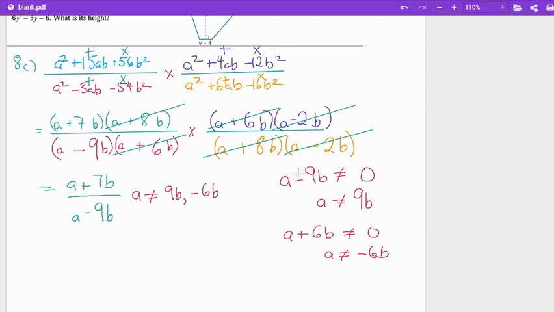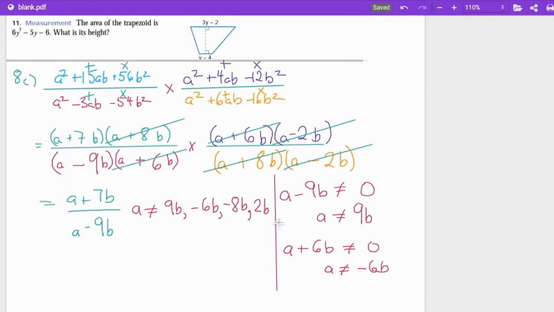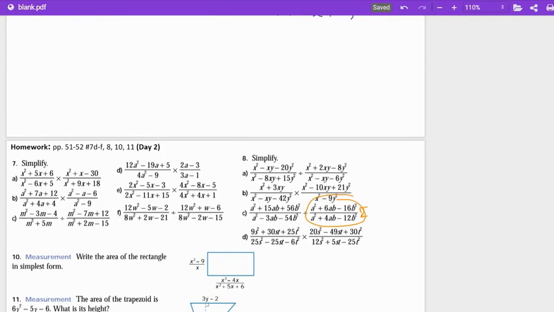Okay, following the same pattern, I can say for this expression, because this is positive, that a cannot be equal to negative 8b. And lastly, because I have negative 2b, the opposite is true. A cannot be equal to positive 2b. I'll just draw a line here to separate them. Okay, so that's question 8c.